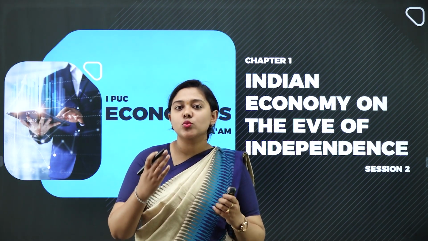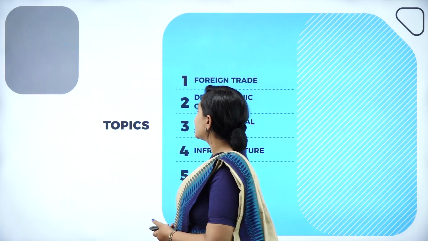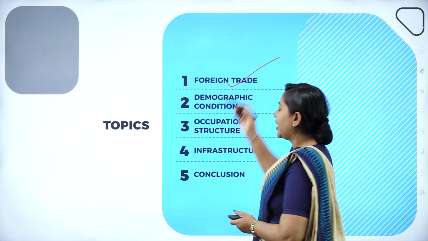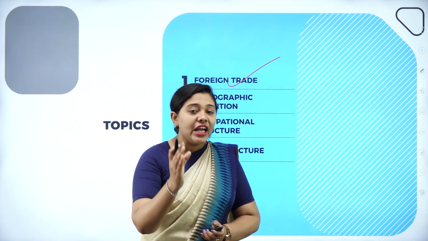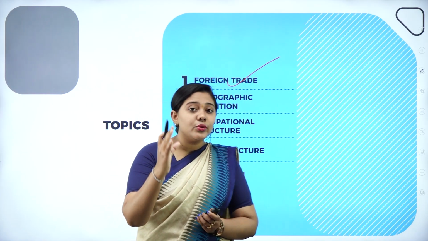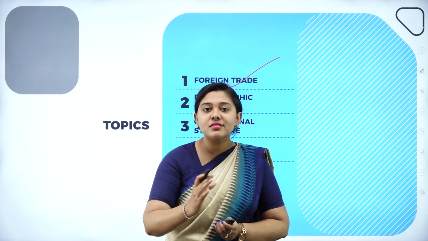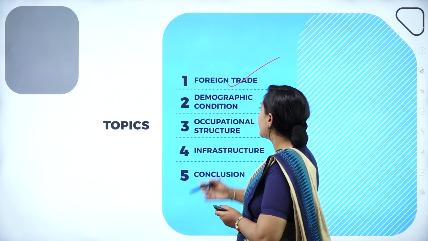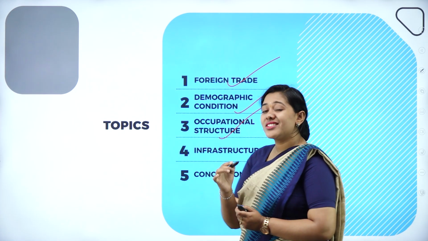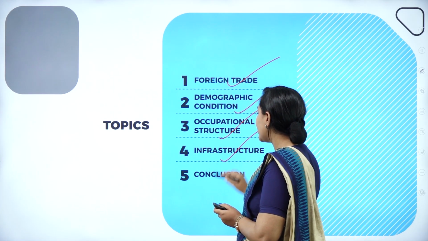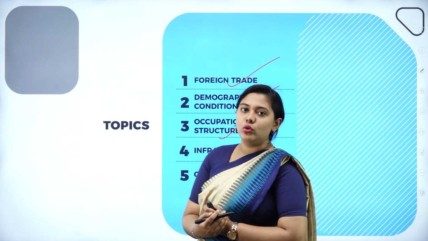So in today's class, we shall discuss the topics regarding foreign trade. In the eve of independence, that is during the colonial period, what was foreign trade all about? Demographic condition, occupational structure, the infrastructure, and the conclusion.